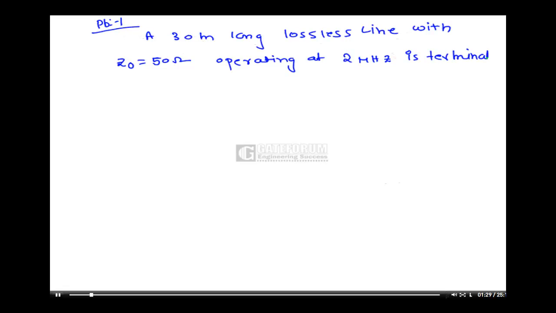is terminated with a load ZL equal to 60 plus j40 ohm.